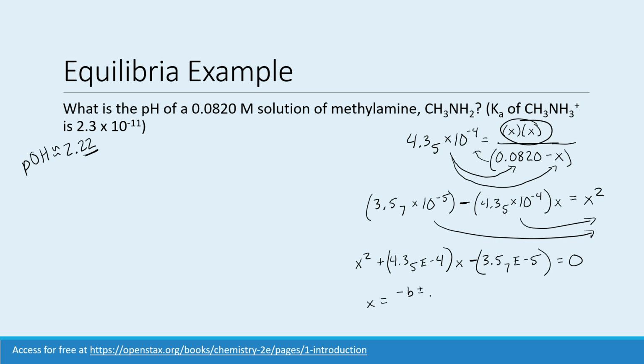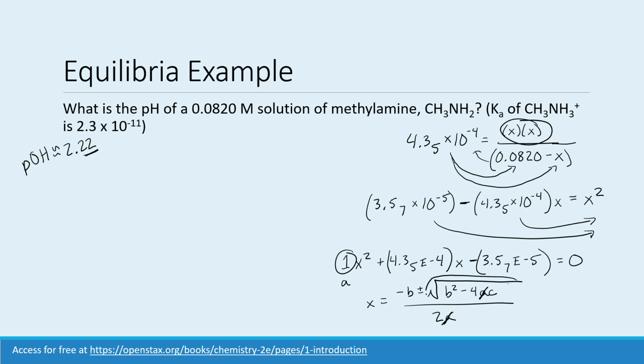So now we can set up that quadratic equation. Remember, x is going to be equal to the opposite of b plus or minus the square root of b squared minus 4ac, all over 2a. And because we know a is a value of 1, let's go ahead and erase those a's because they're just equal to 1.